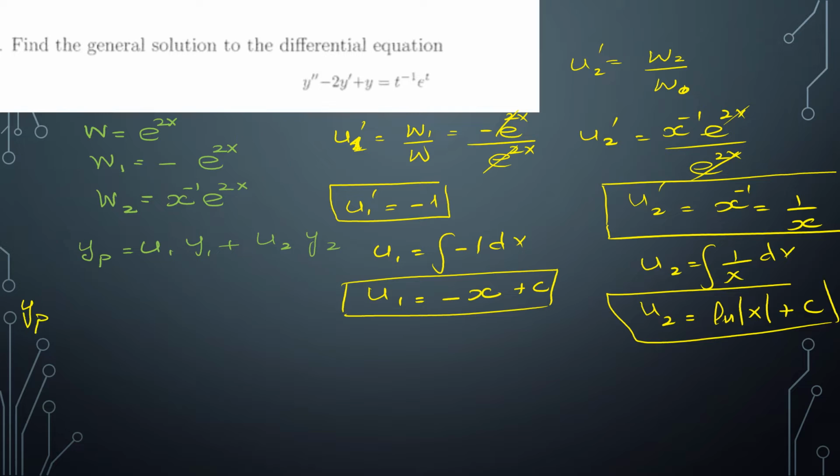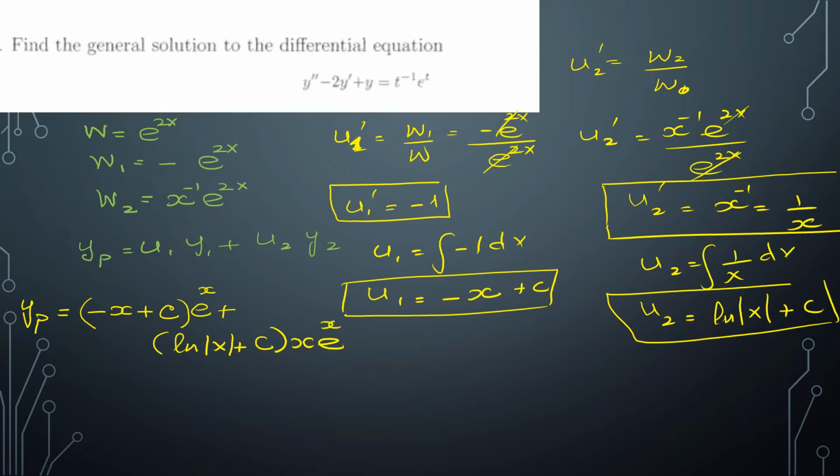So y particular equals u1, which is minus x plus c, times y1, which is e to the power of x, plus u2, that means ln of x plus c, times x e to the power of x.